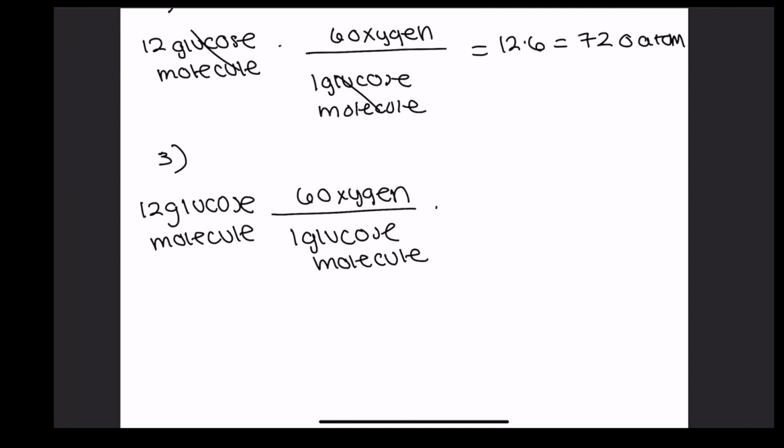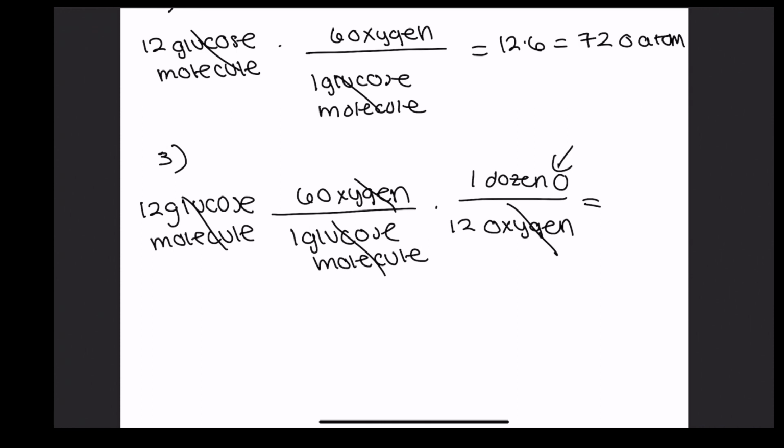And then we know there's 12 oxygen in 1 dozen. Sorry. So I'm going to put oxygen on the bottom, 1 dozen of oxygen on the top. Cross out the unit to double check, leaving us with dozen of oxygen. Times it all out. I know that 12 and 12 will cancel out, leaving us with 6 dozen of oxygen. And that's how you'll solve that one.